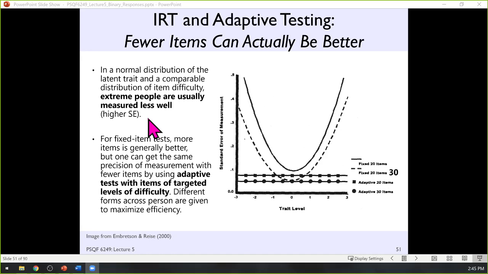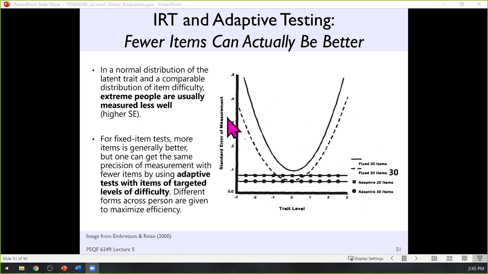So if you start somebody in the middle and they get the item right, for instance, in binary data, you'd give them a harder item. If they get that one right, you give them an even harder item. If they get it wrong, you back them down to an easier item, and you can wiggle around until you get to that point. And so if you're able to customize which items you're giving somebody, then potentially you don't need as many to get a decent standard error.